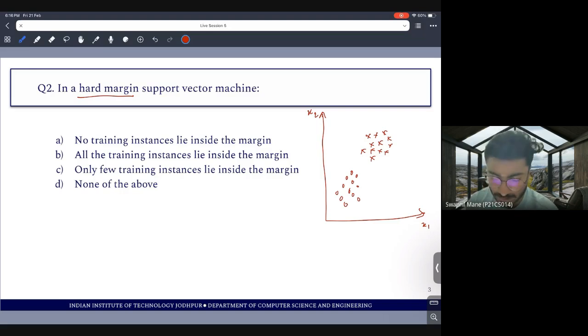So in the support vector machine, we are primarily drawing a separable boundary line. And how are we drawing this boundary line? Based on the marginal plane. So these are the support vectors, which are the closest points to the hyperplane.